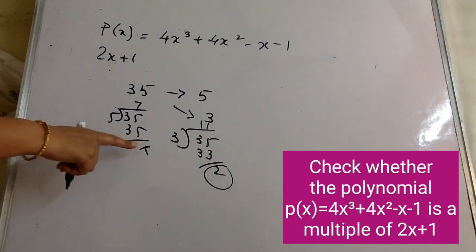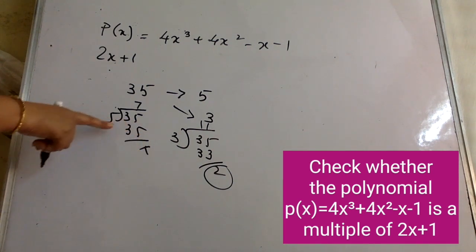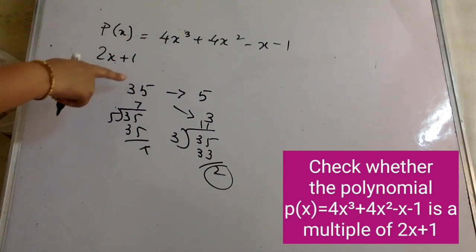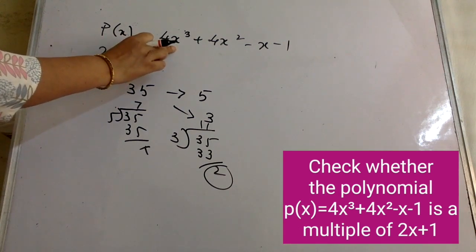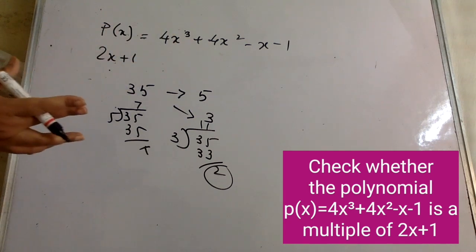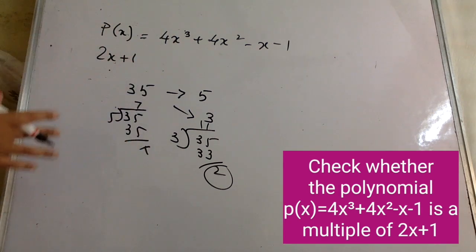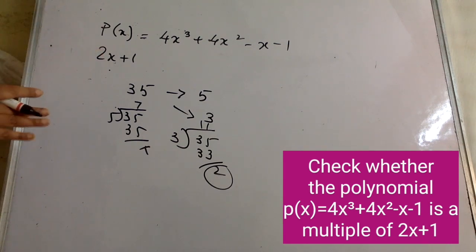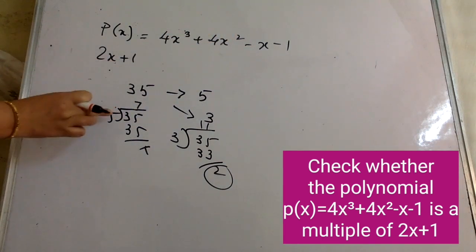But as long as we get a remainder 0, that means this number or the big expression is a multiple of the other one. If this is a multiple, it will not leave any remainder on division. That is what I am trying to explain. I have explained it to you in a non-algebraic way so that it's easier for you to understand the algebraic way. So this is in place of 35, this is in place of the 5.